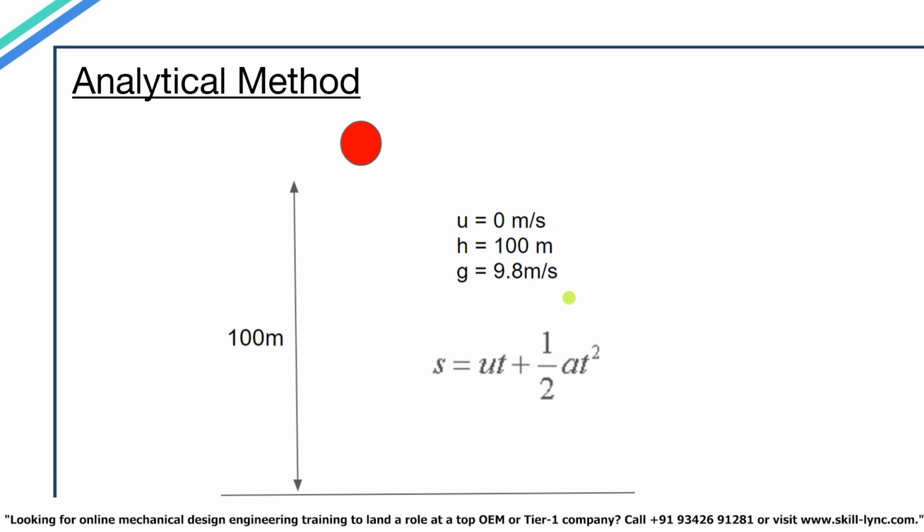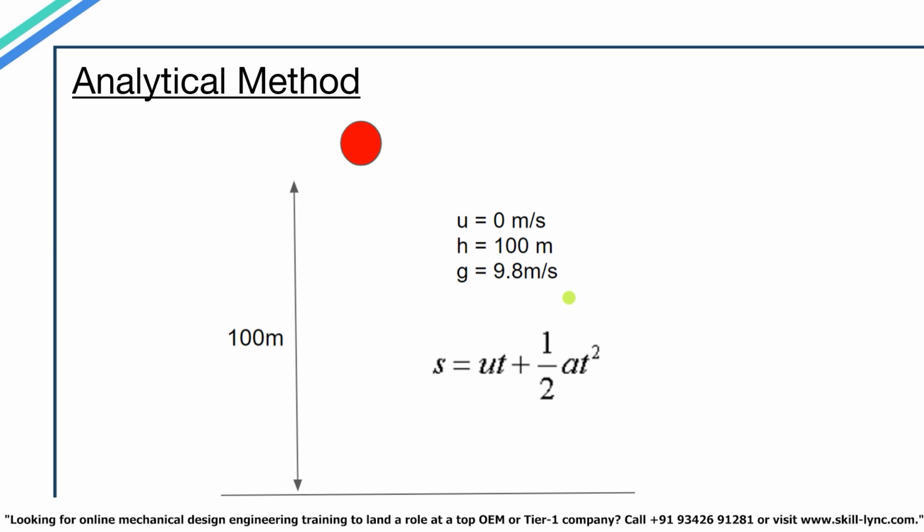To solve this, you don't need to derive any equation since Isaac Newton has already done the job for us. You would directly use Newton's equations of motion, input the values, and get the final answer, which is the time it takes for the ball to drop. So this is called an analytical way of solving the problem.